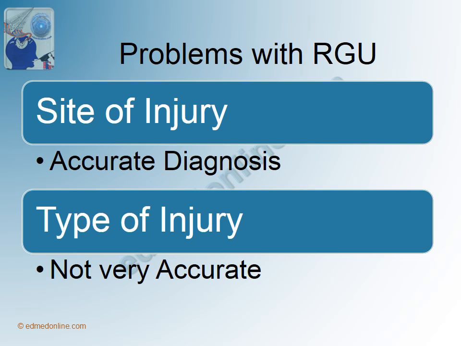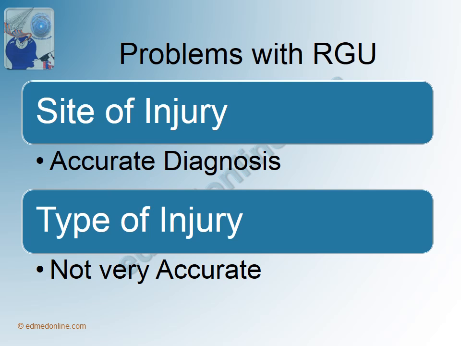Now sometimes what happens is, when a contrast is injected, there would be extravasation and no contrast would enter into the proximal urethra or the bladder, and the diagnosis would be a complete rupture. But many of these patients, if they undergo a second RGU after say 2 to 3 days, that complete injury which was seen initially would now be diagnosed as an incomplete injury on an RGU.